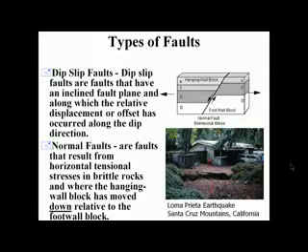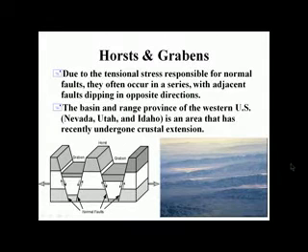As we described before, the types of dip slip faults are normal faults and reverse faults. Horsts and grabens: due to the tensional stress responsible for normal faults, they often occur in a series, with adjacent faults dipping in opposite directions.